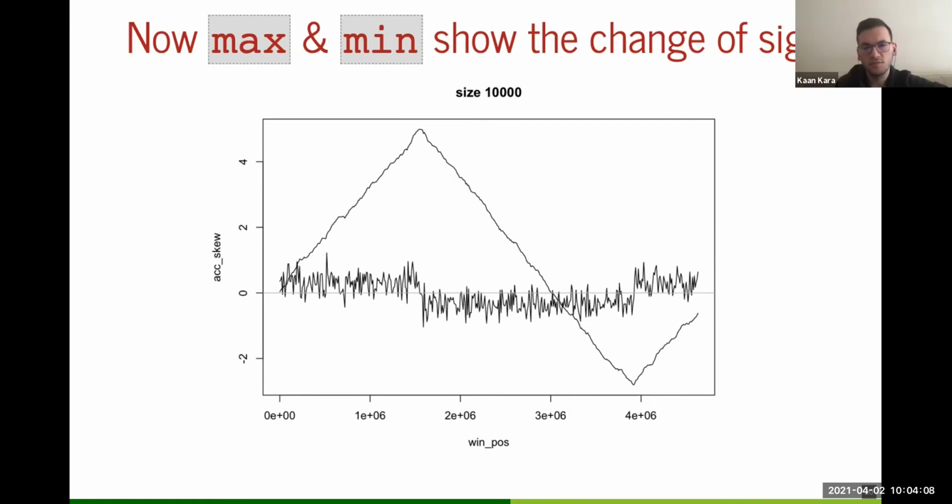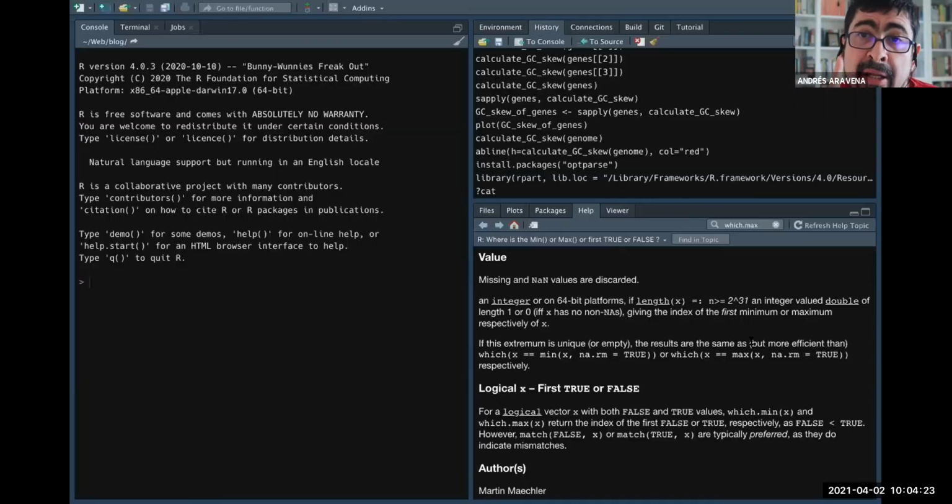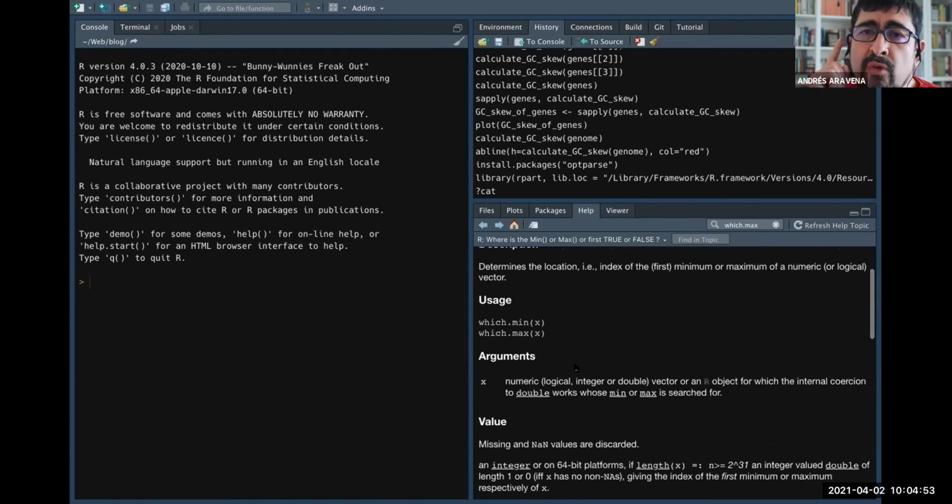I have a question. What will we do if there were multiple maximums and minimums? Very good question. It doesn't happen in this case. In bacteria, it doesn't happen. But if you are looking in archaea, for example, you will get more than one maximum with the same value. You can use this formula here that you have in the helper: which(x == min(x)), because which.min gives you a single value.